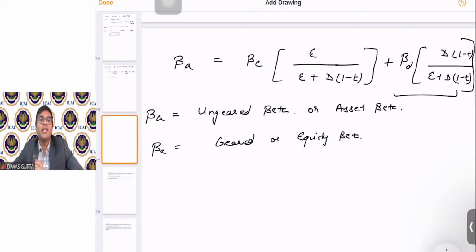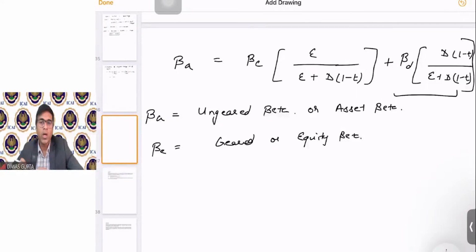So effectively, let's say you are borrowing at 10% and there is a tax rate of 30%. So 7% is what you end up paying as cash outflow for the cost of that borrowing, correct? So the 3% benefit flows to the equity shareholders. That is why we call it a geared beta. That means there is a presence of benefits on account of debt to the equity holders. Okay.